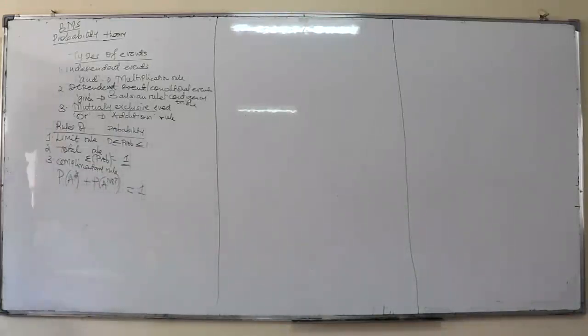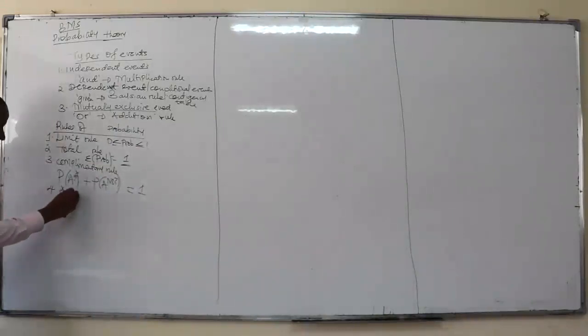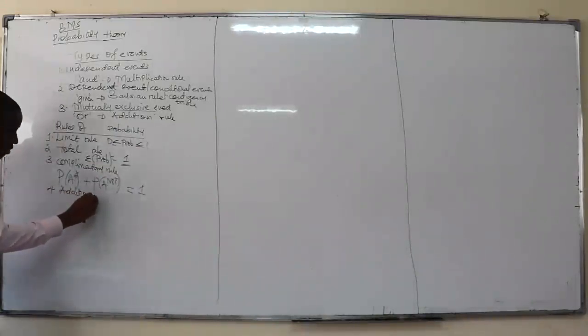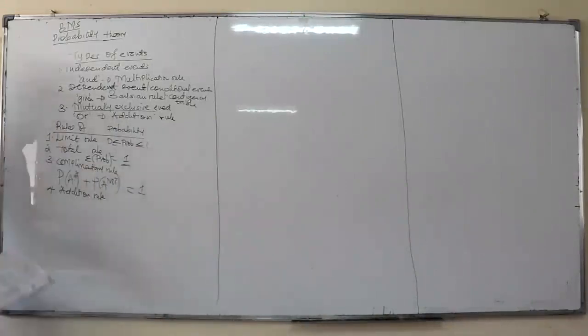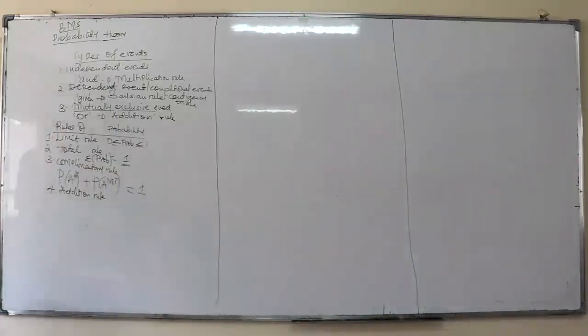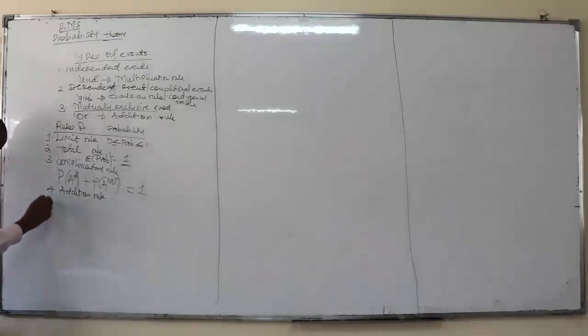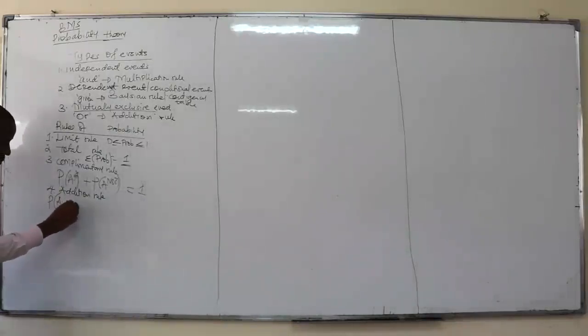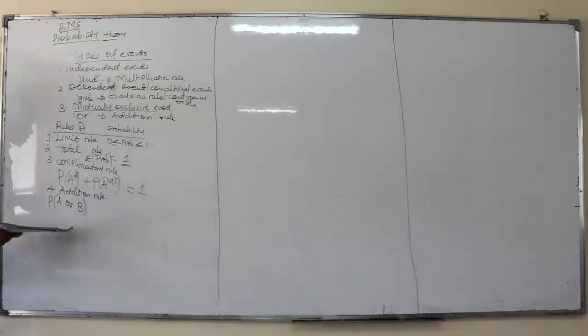Then the other one, number 4, is what we call the addition rule. For the addition rule, it is applied in the union of events. By the union of events we mean if they want you to get the probability of A or B, that is where we're talking about the union.